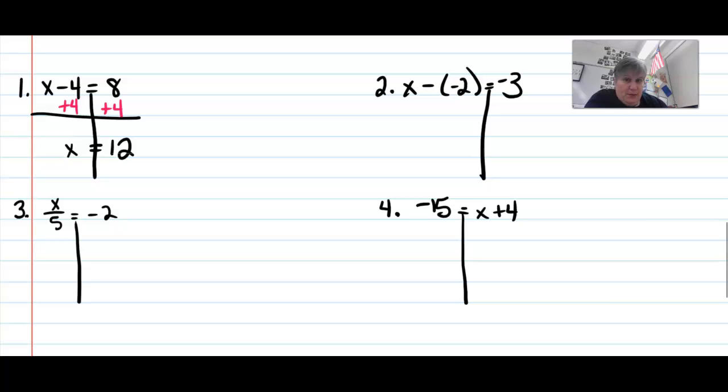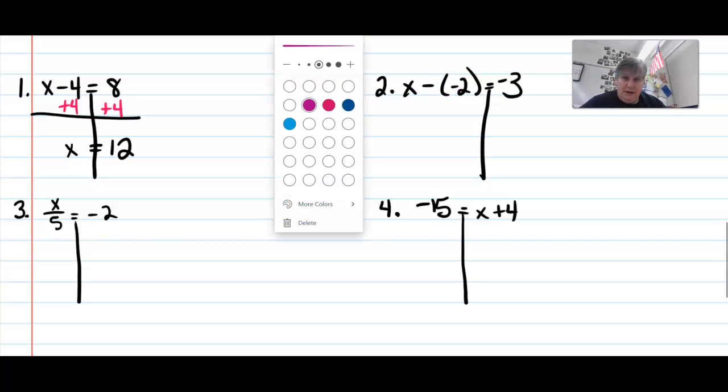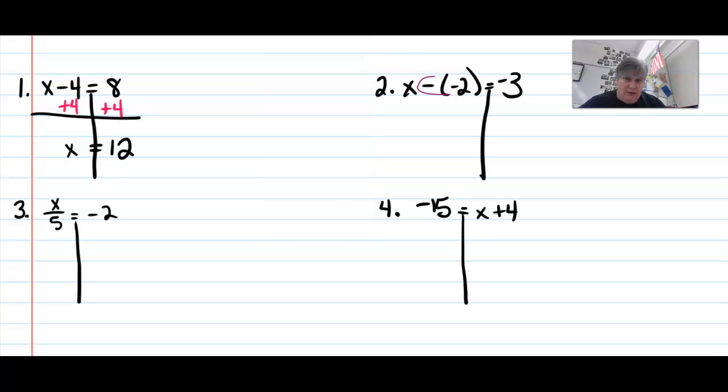For this one, I didn't write it out yet because I want you to see this. What happens when I have 2 negatives touching? If you remember, 2 negatives touching become a plus. So really what I have now is X plus 2 is negative 3.